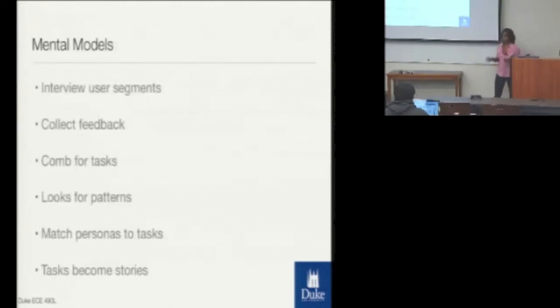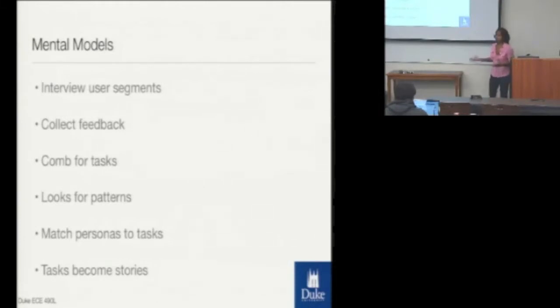Just to review, because I know it's been a few weeks since we talked about mental models: we interviewed a number of user segments. Some of you had to go back and do some rework after the second lab. We collected feedback based on the interviews and thought about whether the problem we were solving was the right problem.